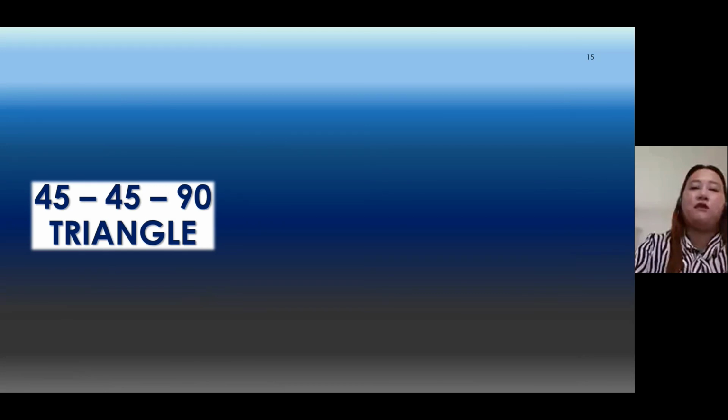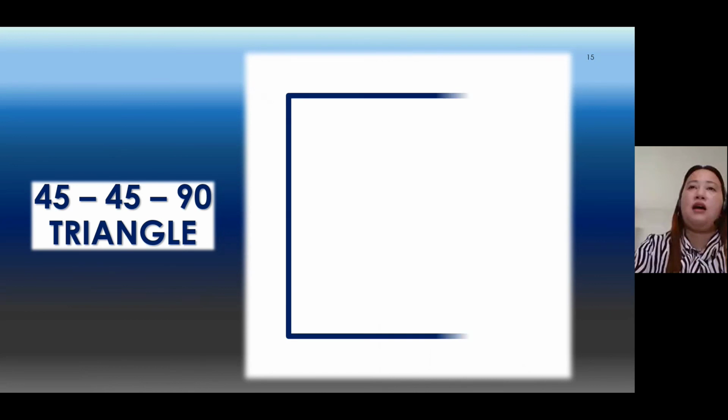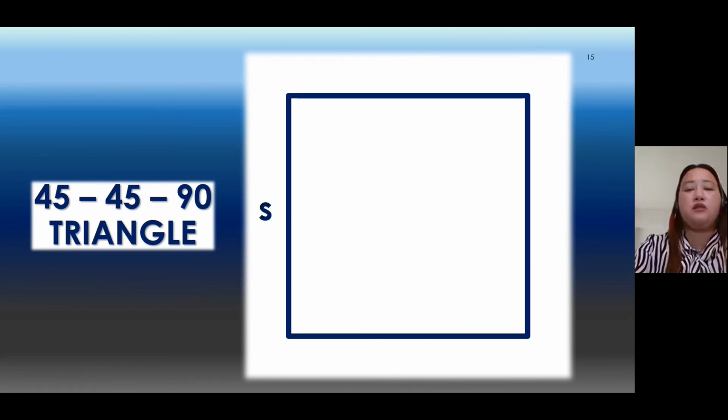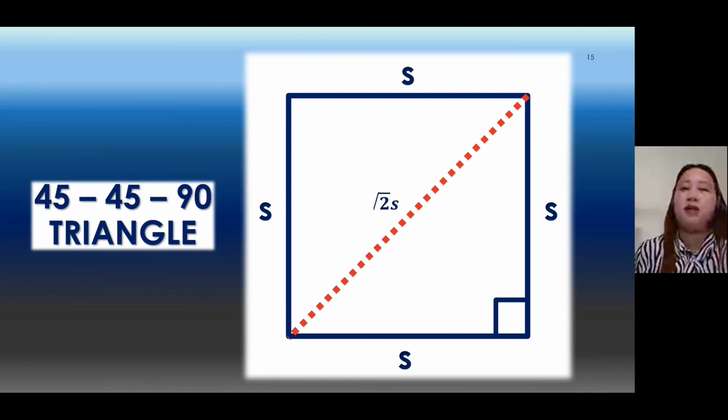The next triangle is the 45, 45, 90 triangle. So how can we have the said triangle? If you have a square, the square has equal sides, and then you cut it diagonally. The triangle that has the angles 45, 45, and 90 can already be seen in this square.